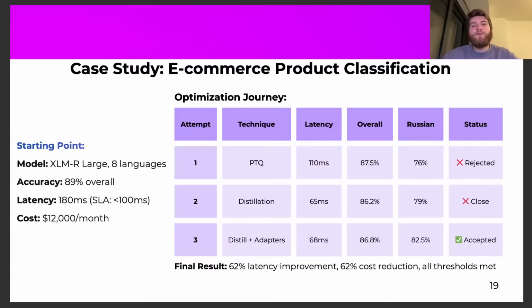Let me walk through a real optimization case study from an e-commerce product classification system. The starting point is an XLM-R large model serving 8 languages, accuracy 89% overall, latency was 180 milliseconds on CPU, violating the 100 milliseconds SLA, and monthly infrastructure costs were $12,000.